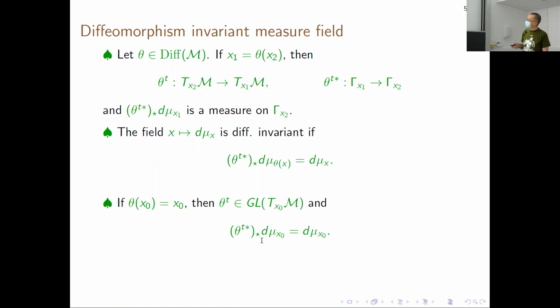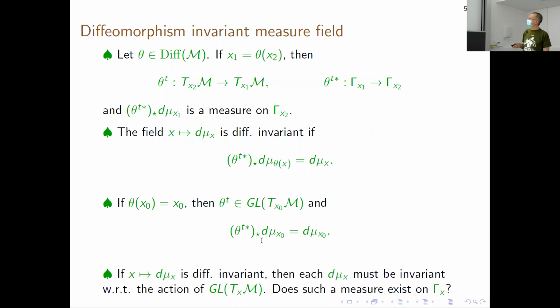And now this formula in this particular case reads as follows. So what does it mean? It means that this measure on the set gamma x0 should be invariant with respect to this action of this linear group. So the conclusion is that if this is a diffeomorphism invariant field of measures, then each measure for every x must be invariant with respect to the action of this group.